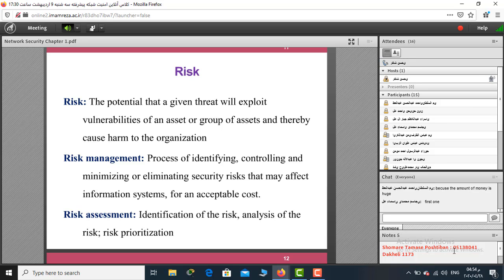For example, some risks are related to our software, some to our hardware, some to our employees who are not aware of security challenges. Identifying risk, controlling risk, and keeping the level of risk low.